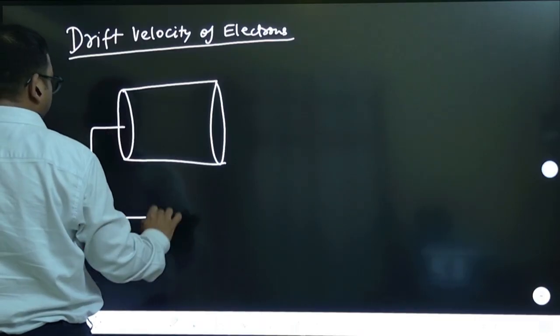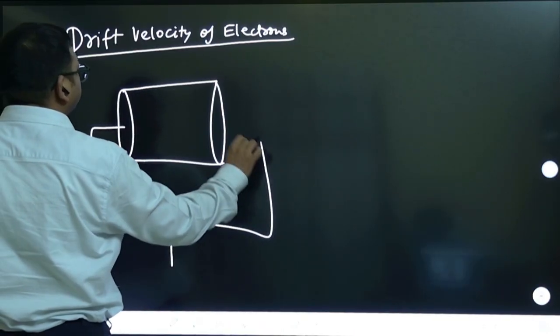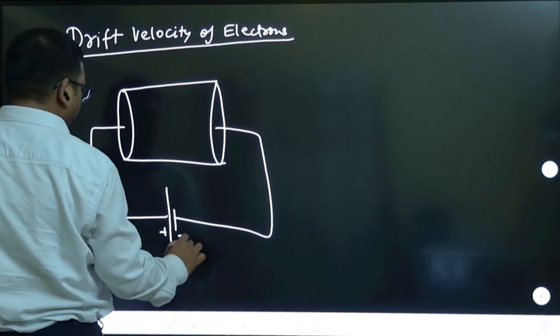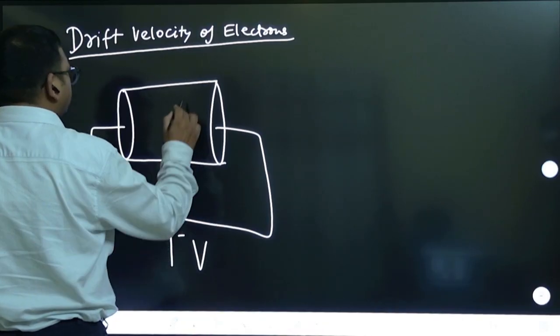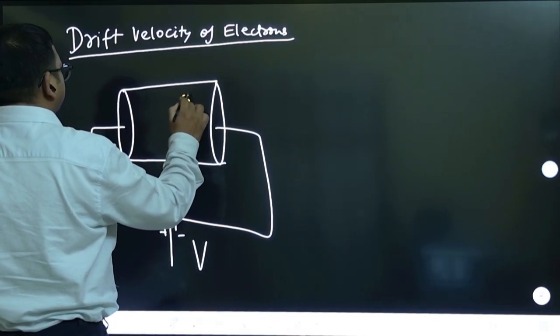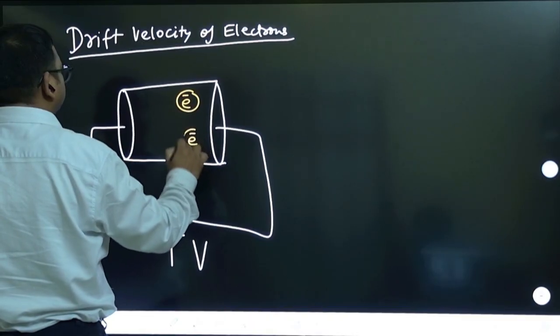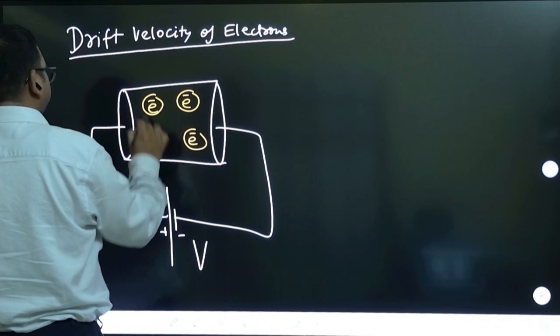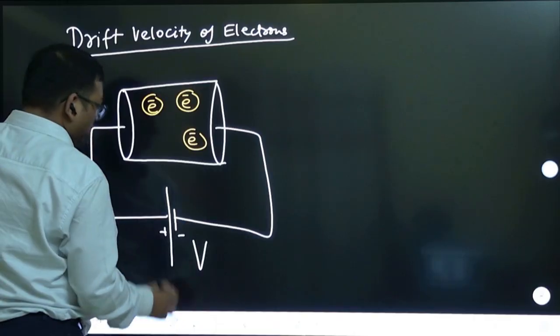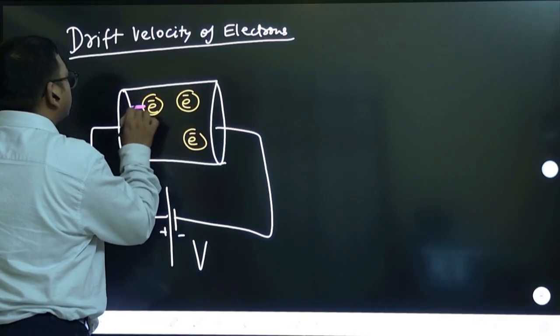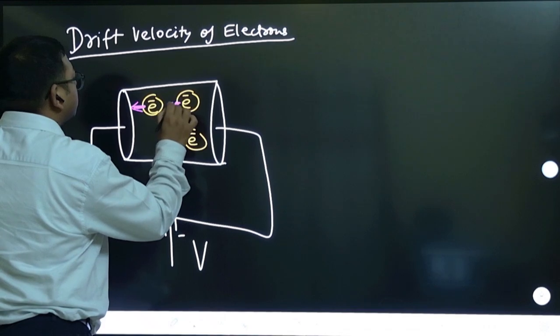This conductor is connected with a battery of voltage V, plus and minus. Then what happens? So many electrons are there, all negative charges. These electrons get attracted towards the positive terminal and they start moving towards the positive terminal.